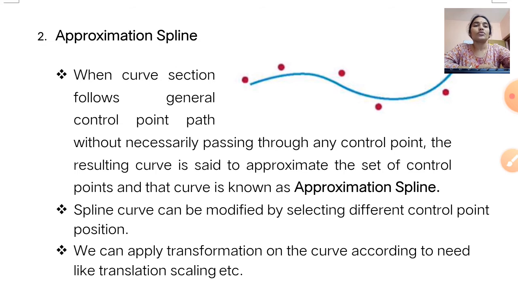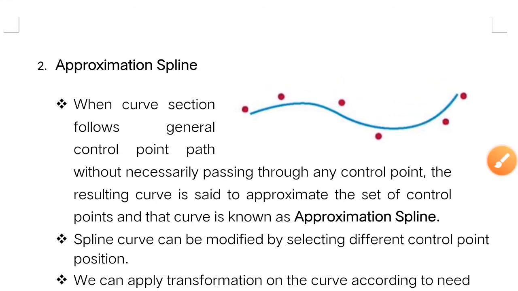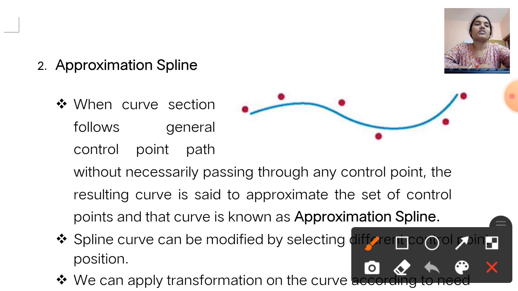So here in this figure, this one is your first endpoint, this one is your second endpoint. And in between the first and last endpoints, this one is your first control point and this one is your last control point. In between, there are some 4 control points.